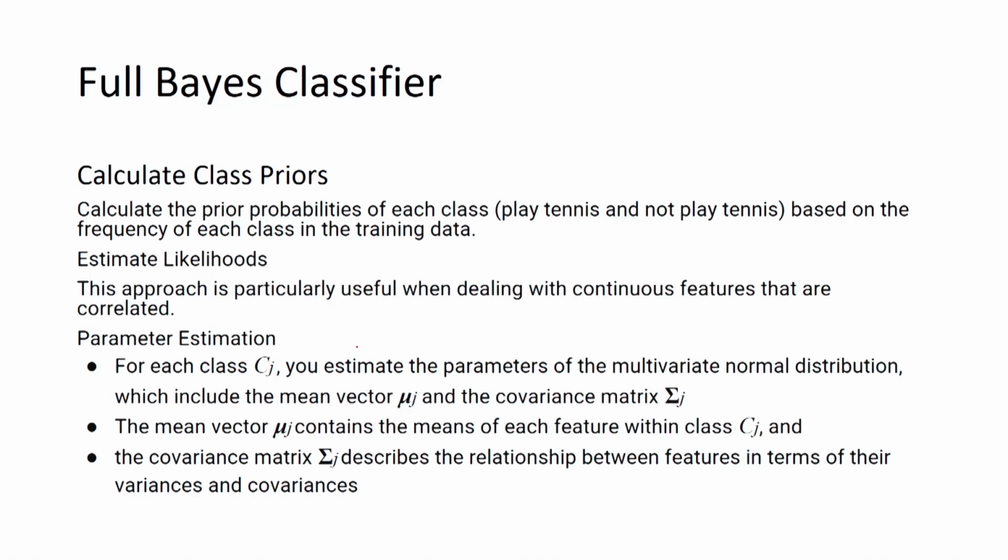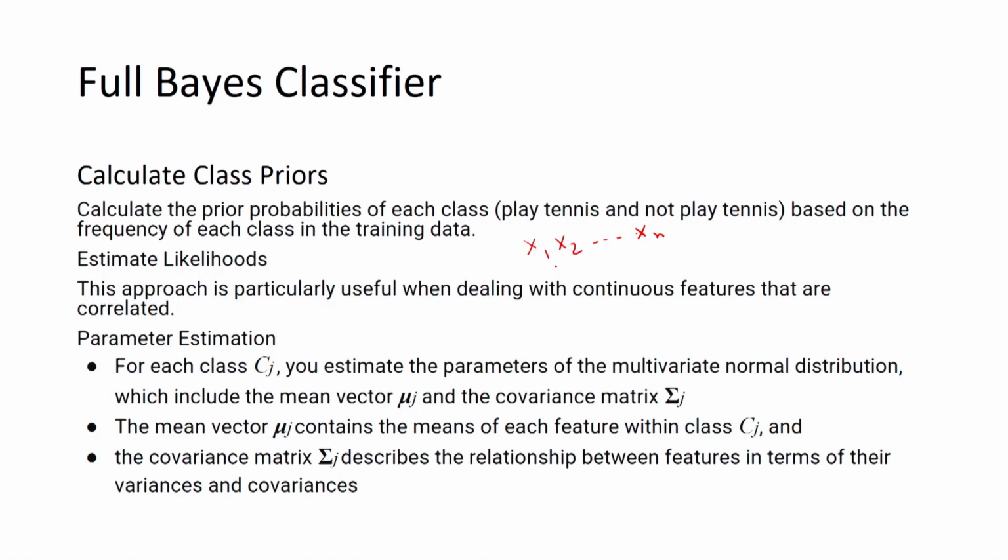And then we will see the full Bayes classifier. How is it different from the naive Bayes classifier? The main difference is that here we assume the independent variables x1, x2 up to xn are not independent of each other.